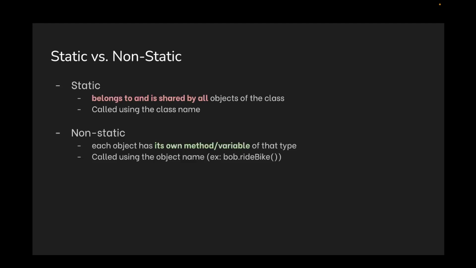And let's say we wanted to define a field variable called number of arms. So in the chat, would that be static or non-static? Using this definition of being shared by all objects of the class, being shared by all humans, is the number of arms something that can be static in general? Just type yes or no in the chat if you think it could be static.